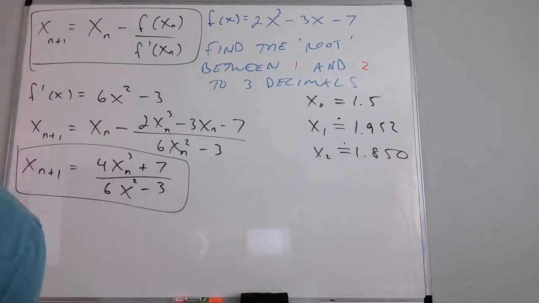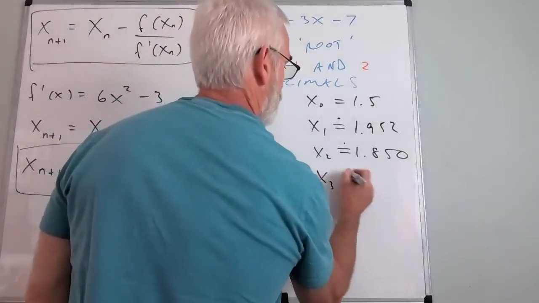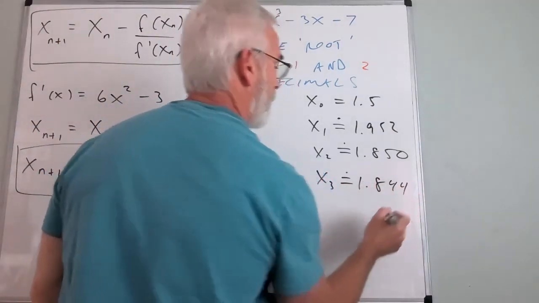And my calculator now says 1.8435, which would be 1.844 if I round it to 3.